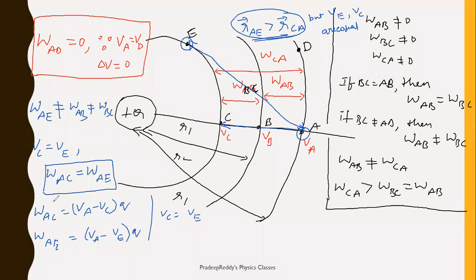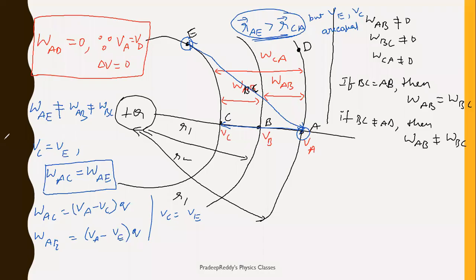See, work done is not depending upon the separation between two points. It is only depending upon potential differences. Potential difference in both the cases are equal. Therefore, WAC and WAE are equal irrespective of the path you are bringing. That is a very, very important conclusion which we can see from this example.